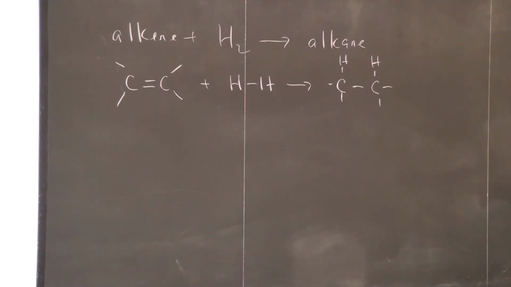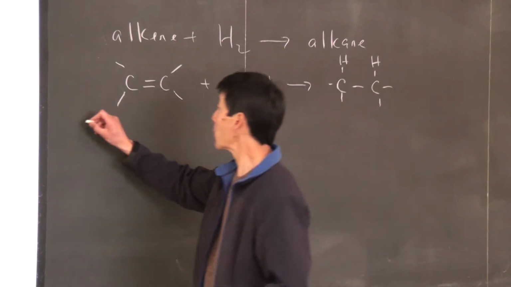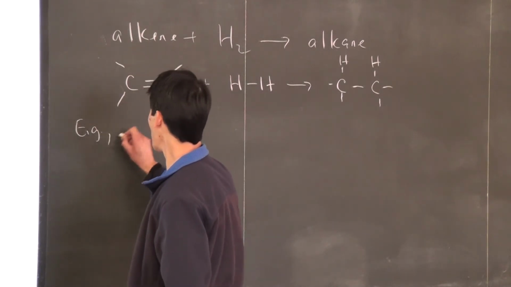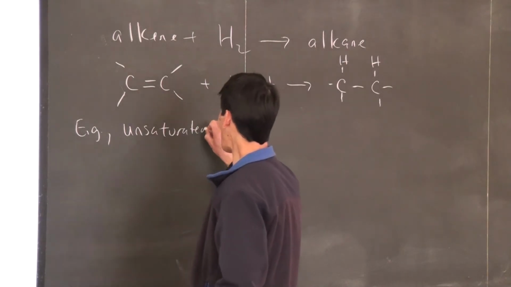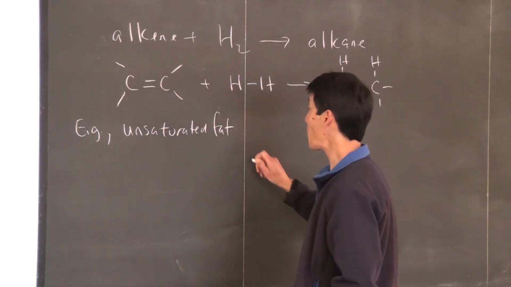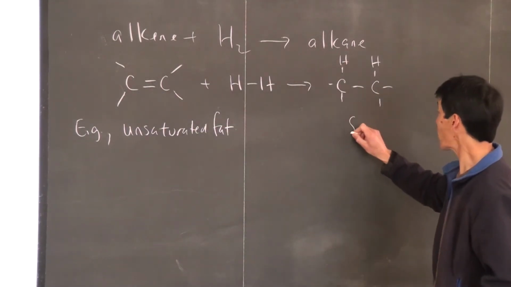Okay, so this is one application of this reaction, to convert an unsaturated fat to a saturated fat. So here's our example. Okay, so we have an unsaturated fat. An unsaturated fat has at least one carbon-carbon double bond, and this is the example of the saturated fat.